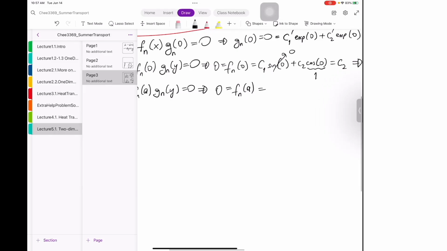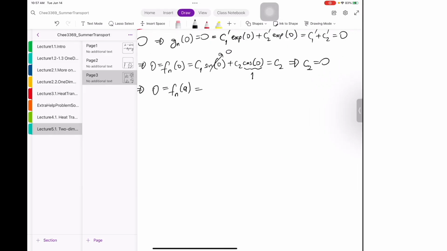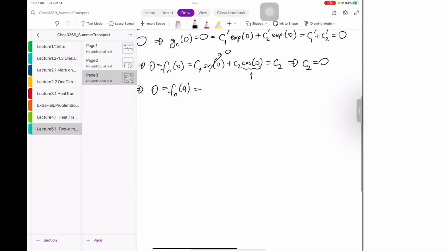And from here, since C2 is already 0, we are just going to plug in the C1. C1 sine of lambda a. So from here, what do we find? So that's lambda_n a.